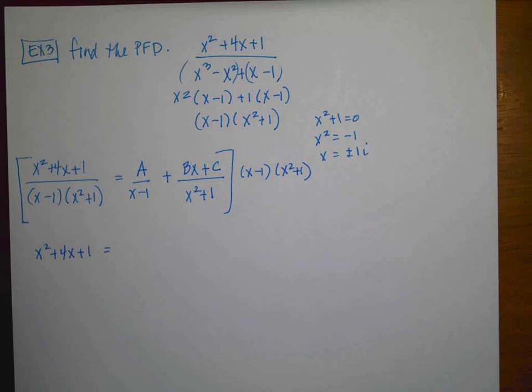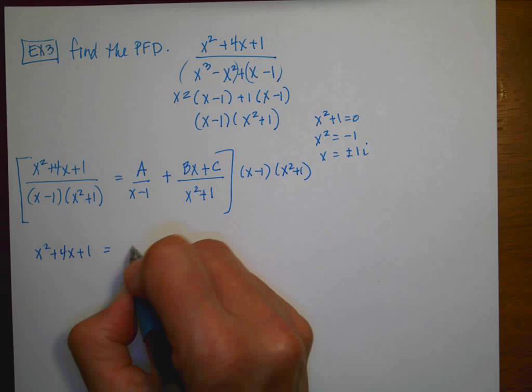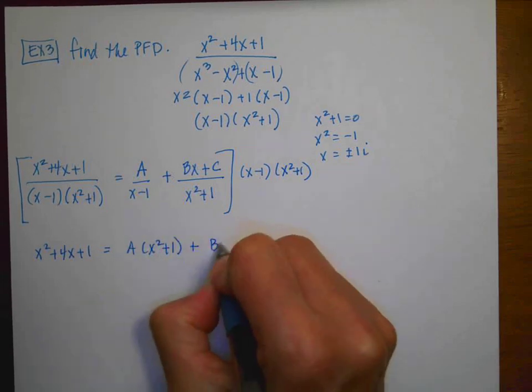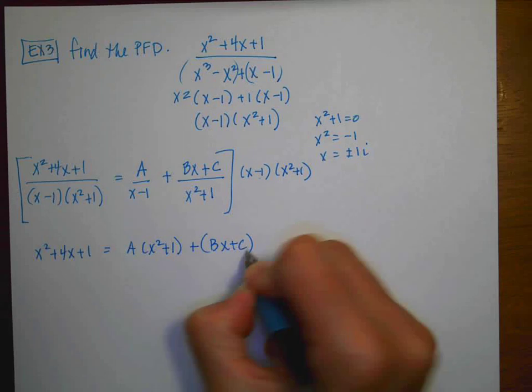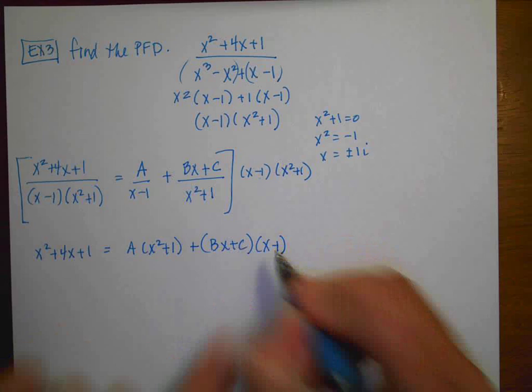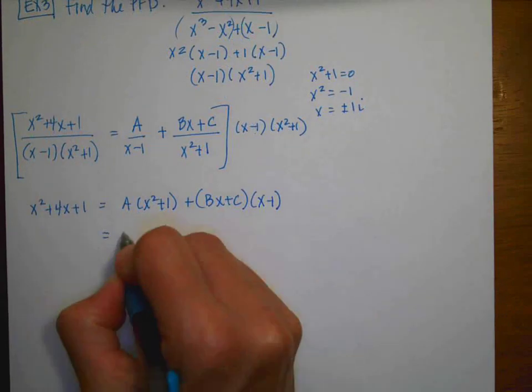I'm going to get x squared plus 4x plus 1 on the left-hand side. The a has the x minus 1, so it needs the x squared plus 1. The bx plus c has the x squared plus 1. It just needs the x minus 1.